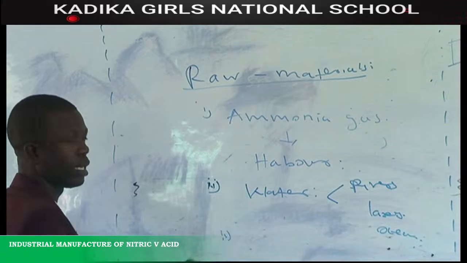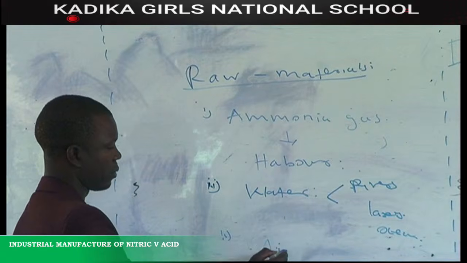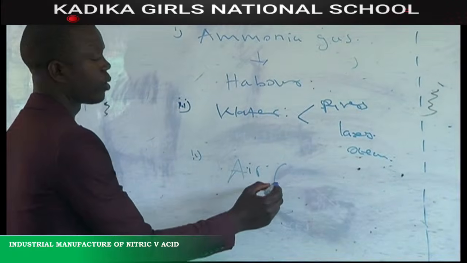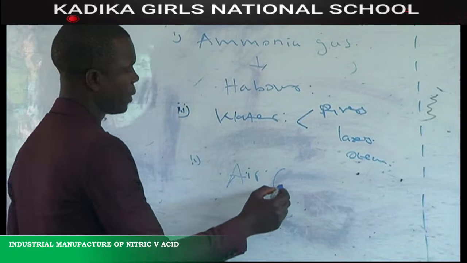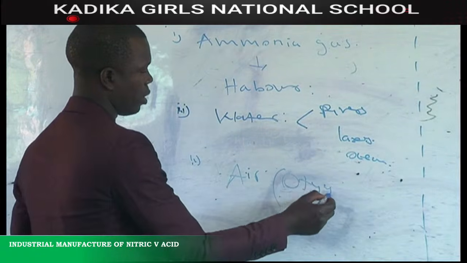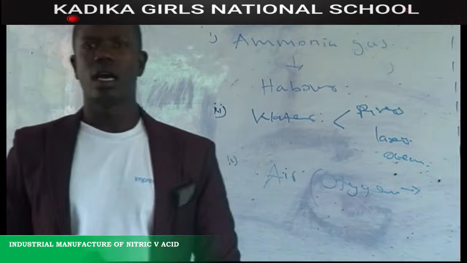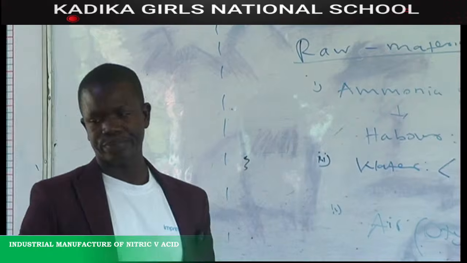Another raw material that is important that we discuss is air. Air, I know, is a mixture of gases, but the specific component of air that we're going to use here is oxygen. And we are going to obtain it from one source, that is fractional distillation of liquid air.